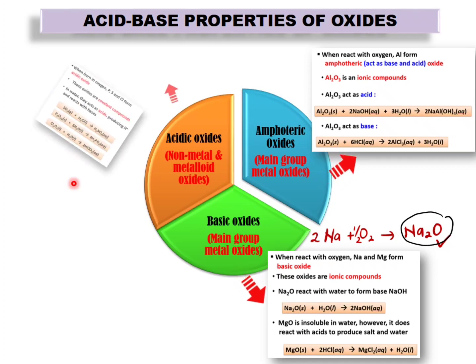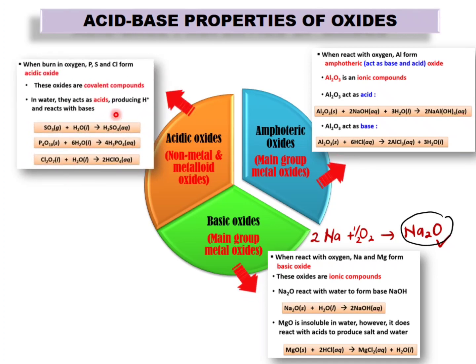Okay, next we look at acidic oxide. So this one we look at the non-metal oxide. Okay, when phosphorus, sulfur or chlorine react with oxygen, it will form acidic oxide. Okay, we know that phosphorus, sulfur and chlorine is non-metal.